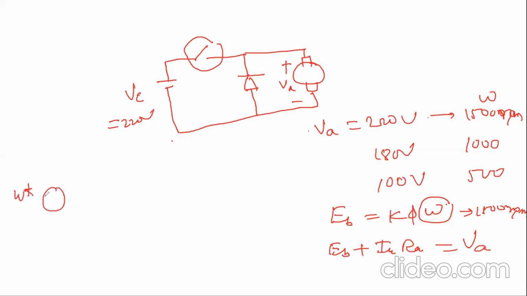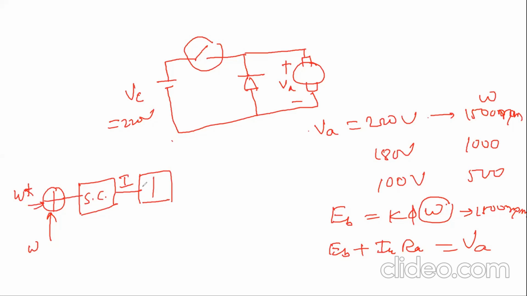It is compared against the actual speed omega. The error is given to the speed controller, and its output is given to the current limiter.